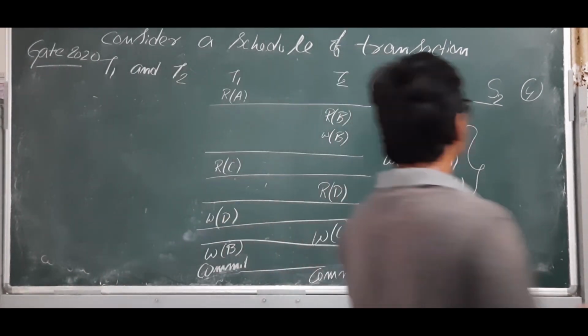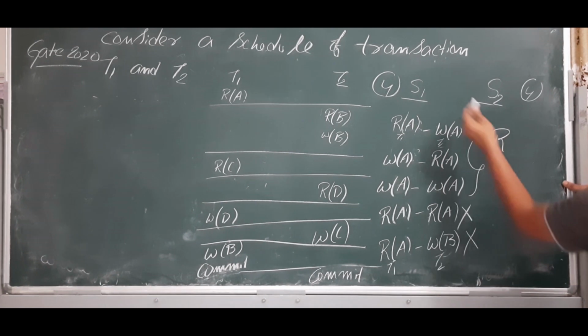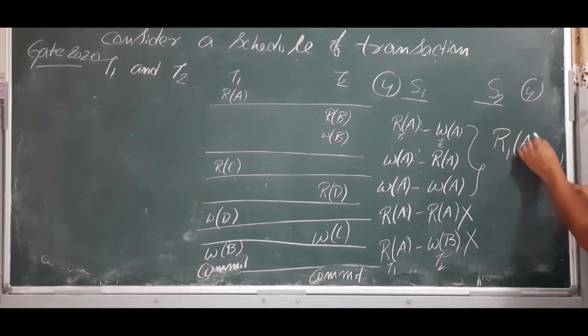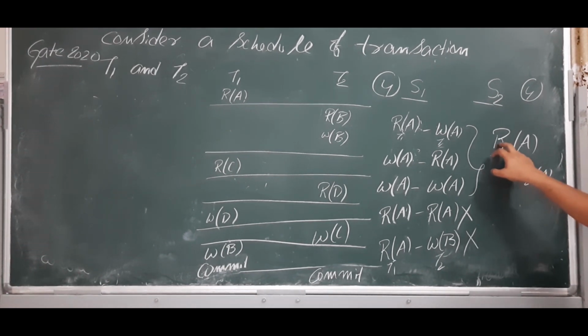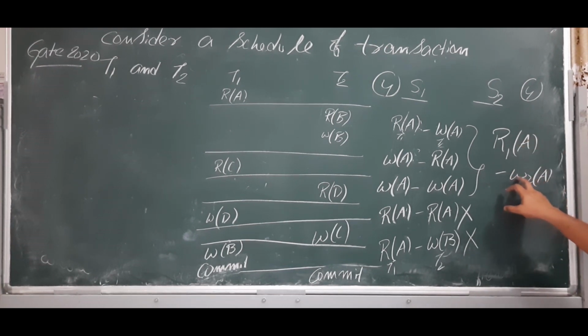Let's take that in schedule S1 I have a read 1A and a write 2A conflict. That means transaction 1 is performing a read on a data item A, then transaction 2 is writing on the same data item.